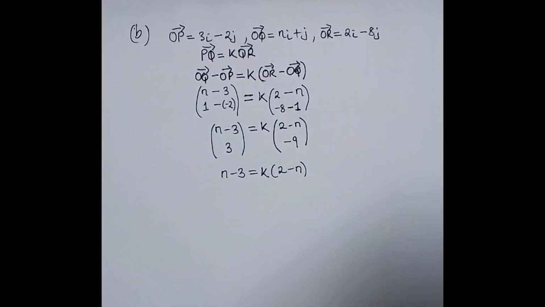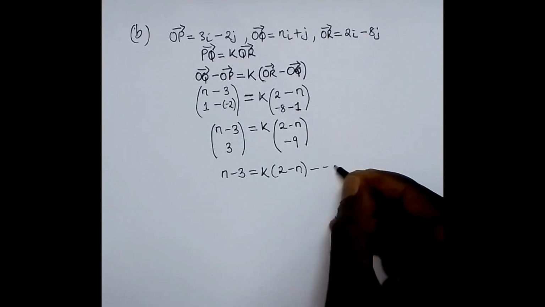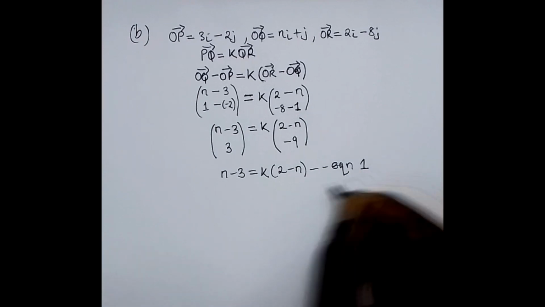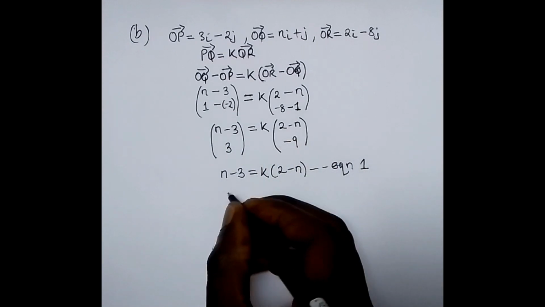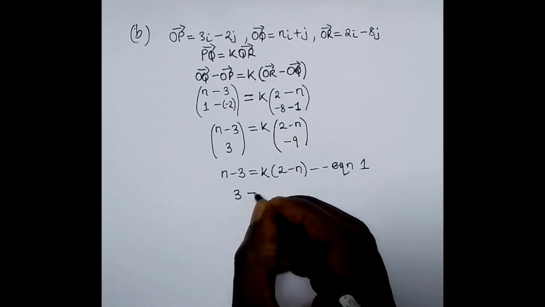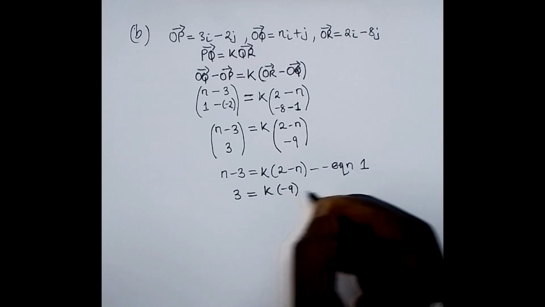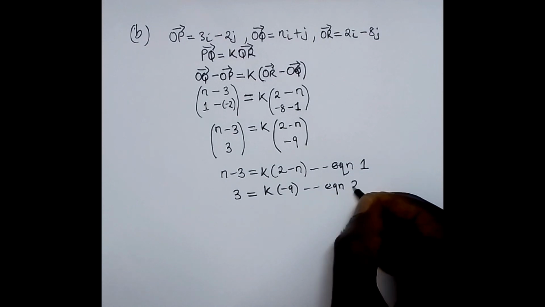This is in relation to the x component, so this is equation 1. Then equation 2 is 3 equal to k times negative 9. So 3 equal to k times negative 9. Equation 2.